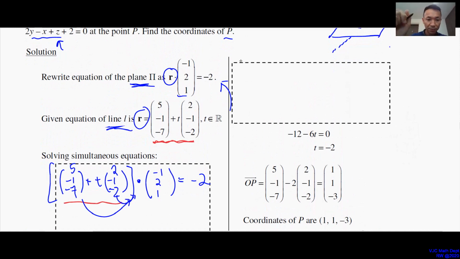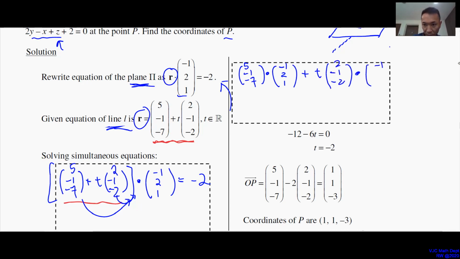We just dot here. (5, -1, -7) dot (-1, 1, 1) plus t (2, -1, -2) dot (-1, 1, 1) equals to -2. My handwriting is horrible.